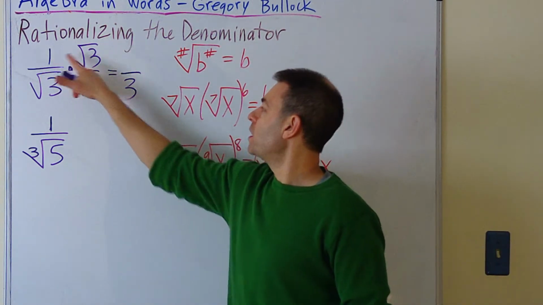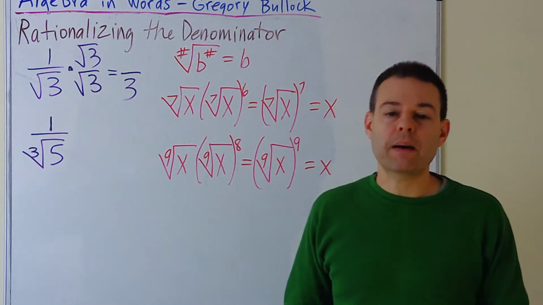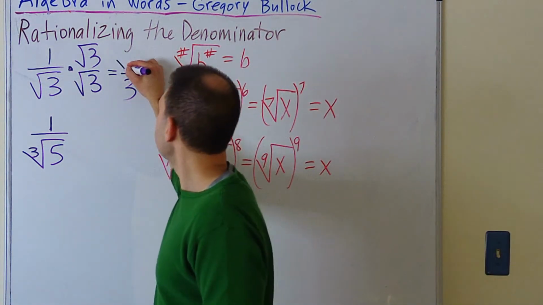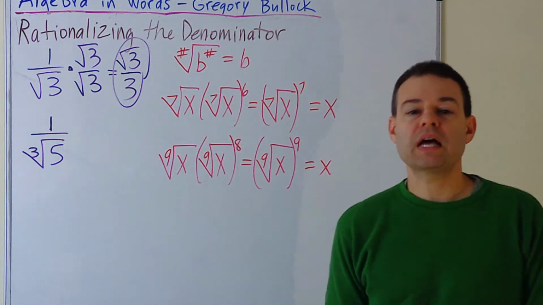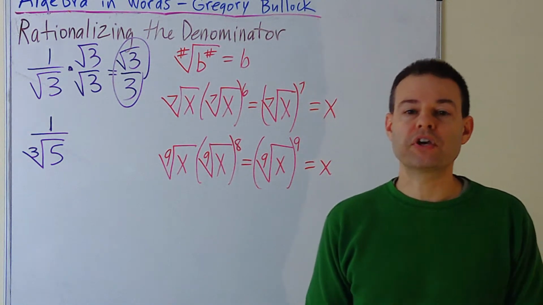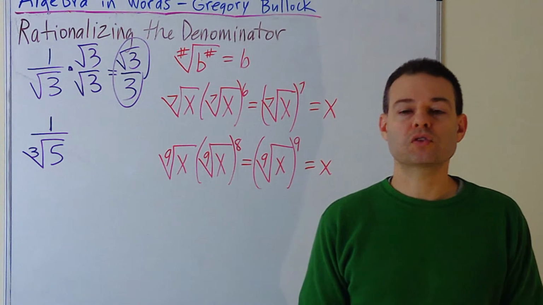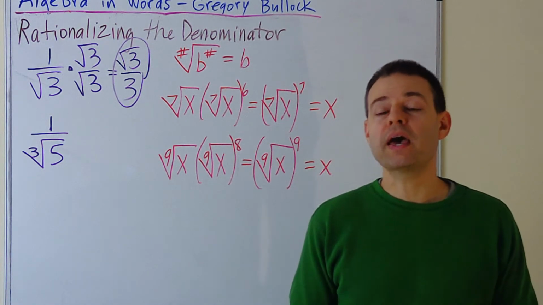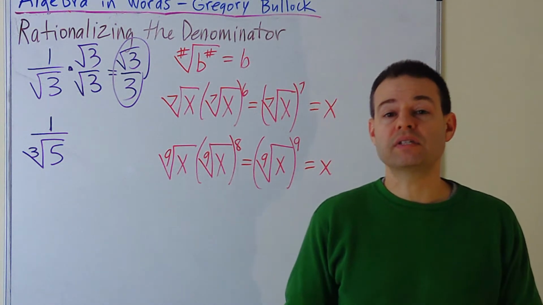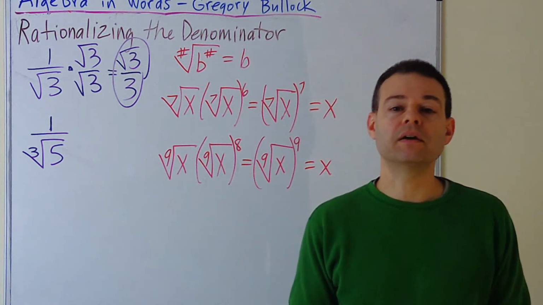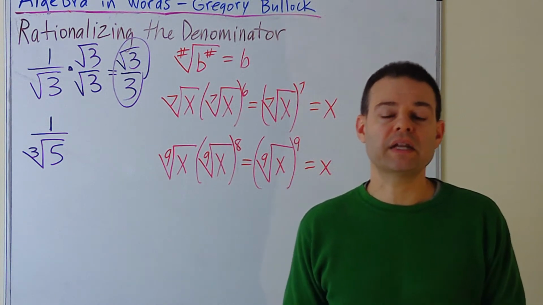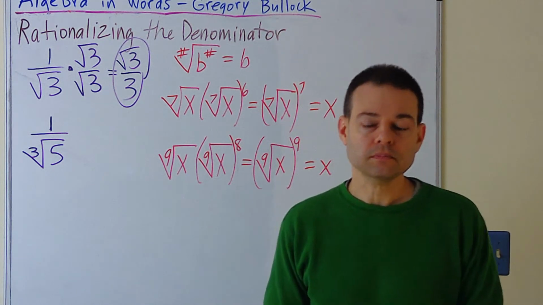Finally, 1 times the square root of 3 in the top is just the square root of 3. So our final rationalized answer is the square root of 3 over 3. And you might notice the square root in the numerator, but that's okay because we're rationalizing the denominator, getting the radical out of the denominator. And it's fine if it ends up in the numerator.